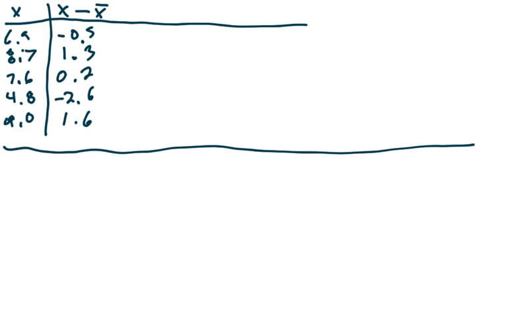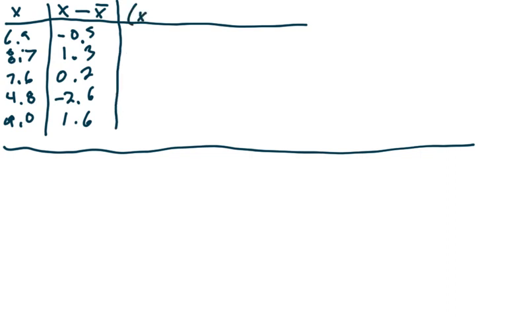Now, if our standard deviation is on average, a lot of people are like, oh, let's just average these up. But if we average these up right now, we'll get 0 because we have some positive and negative values in there. The reason we're not averaging them is because the positives and negatives will all cancel out, and this will end up being 0. So to make them all positive, our next step is to square each value.